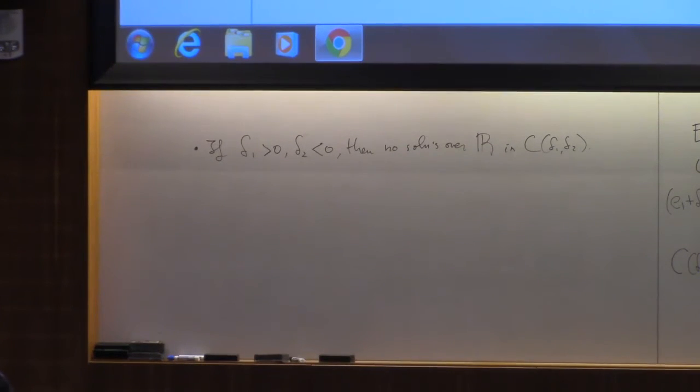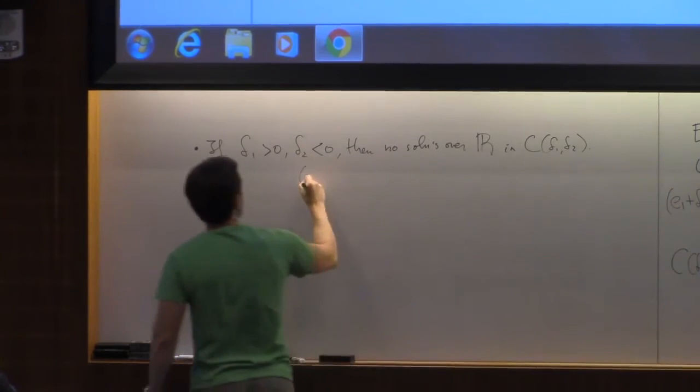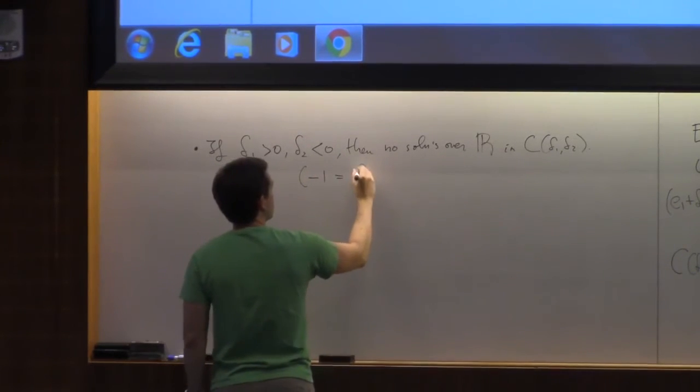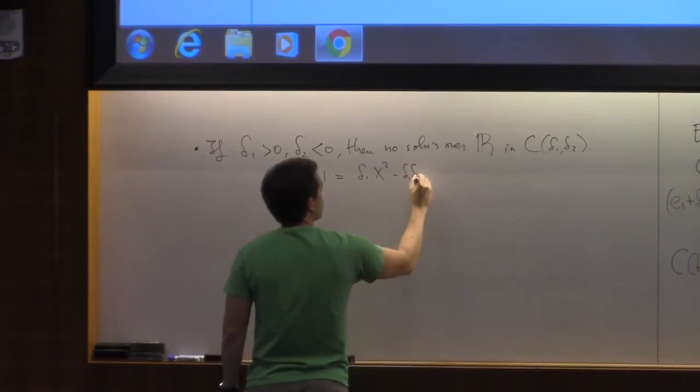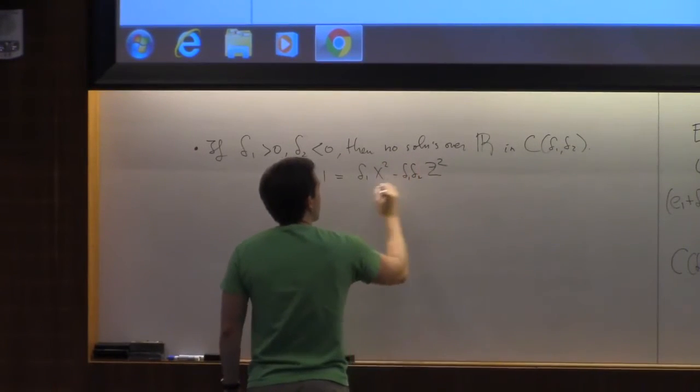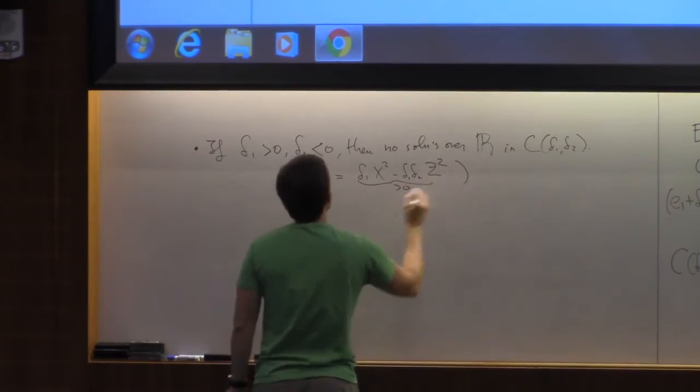Now, reverse the roles of delta 1 and delta 2. If delta 2 is positive and delta 1 is negative now, this doesn't have solutions over the real numbers, okay? So this had a problem with the first equation, that minus 1 would be delta 1 x squared minus delta 1 delta 2 z squared. This would be positive.